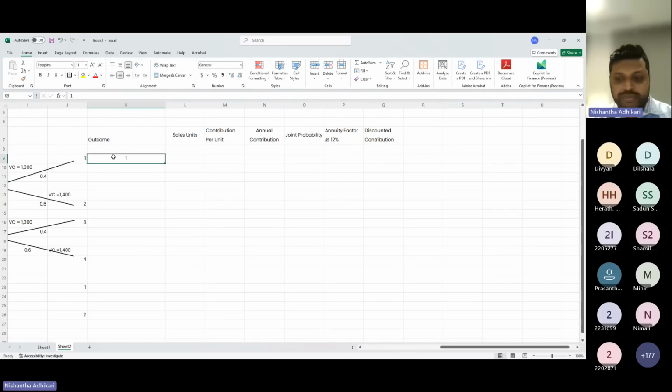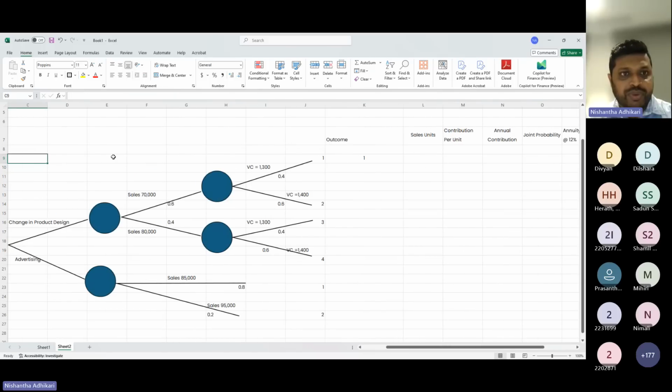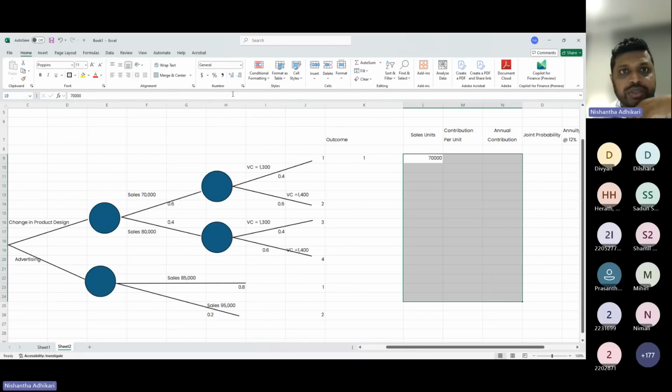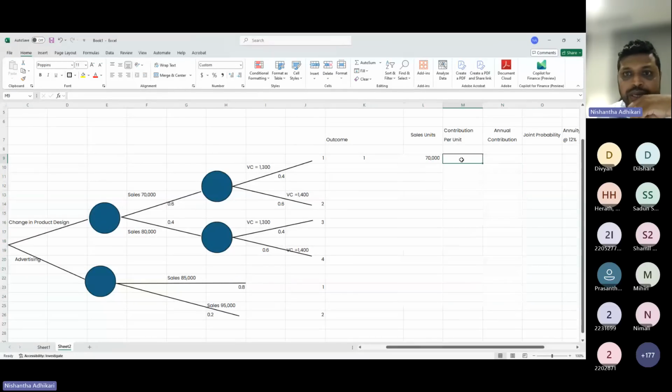Right. Outcome 1. What is outcome 1? Sales 70,000 units, variable cost will be 1,300. Contribution per unit: your selling price won't change, so 2,000 minus 1,300.